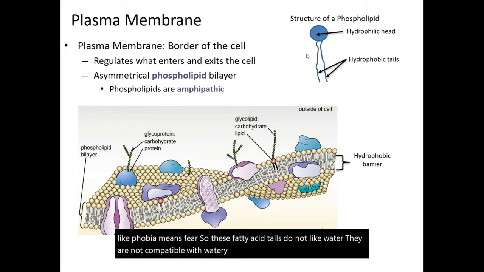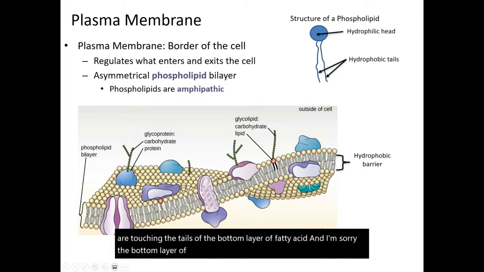And that's really important because if you take a look at the picture below, notice how the two layers of phospholipids are arranged. Do you see how the fatty acid tails of this top layer of phospholipids are touching the tails of the bottom layer of phospholipids?